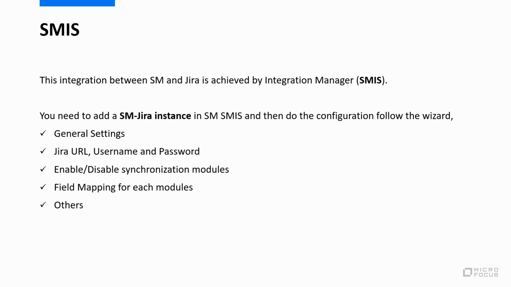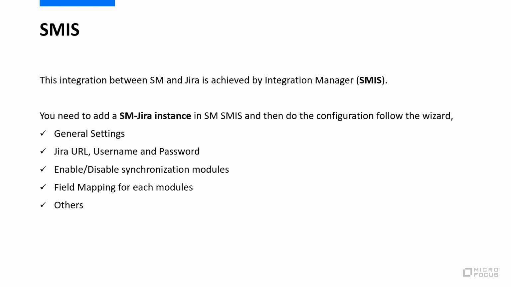This integration between Service Manager and Jira is achieved by Integration Manager. We call it SMIT. In SMIT, before it works, you need to add a Service Manager Jira instance and then do some configuration steps for the wizard.